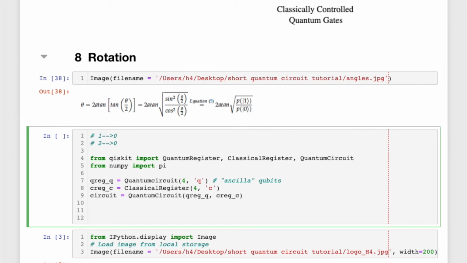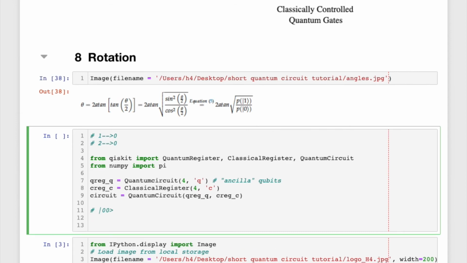Then we are going to give the qubits their rotations. Qubit 0 is going to have 4 possible states: 0 0 in the initial manner, then 0 1, 1 0, and 1 1.